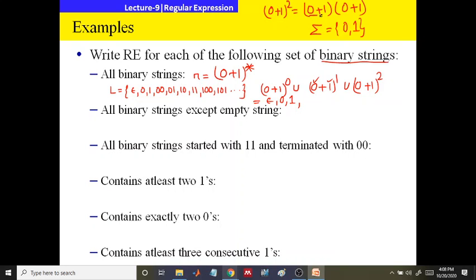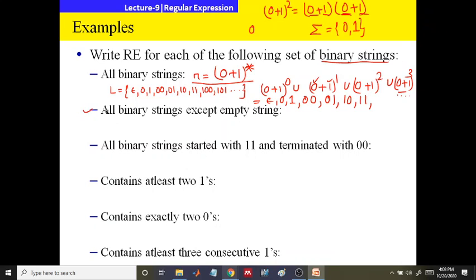So what you will get: either 00, 01, 10, or 11. Similarly, union (0+1)^3, here you will get strings of length three. Similarly, all the strings you will get. So the regular expression (0+1)* represents all the binary strings of all lengths, meaning length 0, length 1, up to length n.